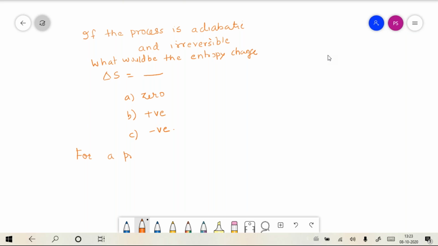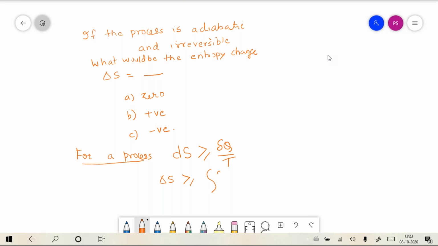For any process, the change in entropy is greater than or equal to del Q by T. Or, if I want to write it not in the differential form, delta S is greater than or equal to the integral of del Q by T, integral performed along a reversible path from 1 to 2.